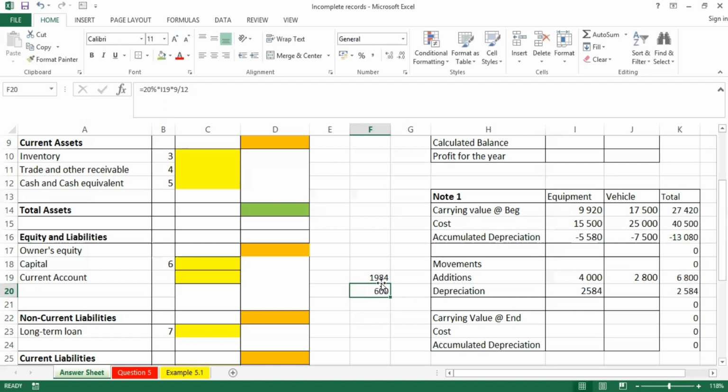So this 600, you add it together with this depreciation for equipment that's been in the business for a period of 12 months to give us our answer of 2,584. So this 2,584 we get by adding the two depreciation for new and old equipment. Now we have to calculate our depreciation for vehicle.